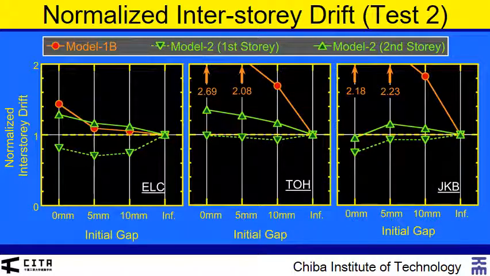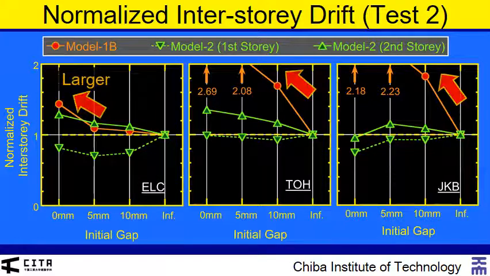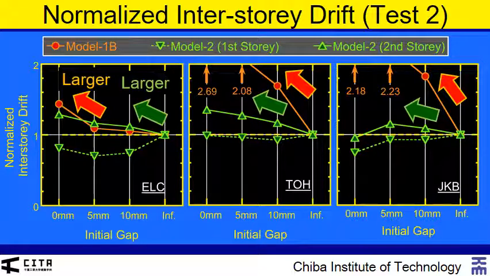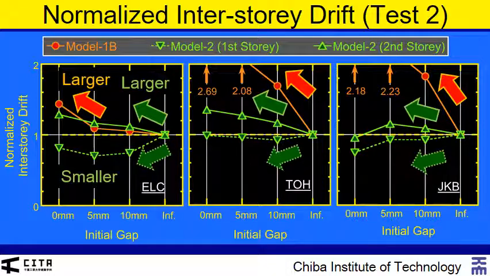In test 2, the normalized drift of Model 1B is larger than 1 in all cases. The normalized drift is larger as the gap is smaller. However, the trend of Model 2 depends on each story. That is, in the second story, the normalized drift is larger than 1 in most cases, while it is smaller than 1 in the first story in all cases.